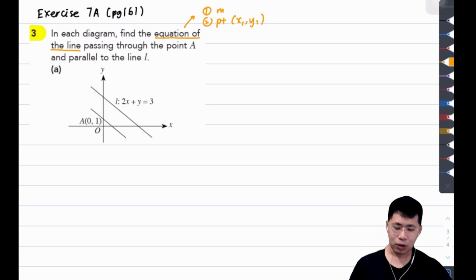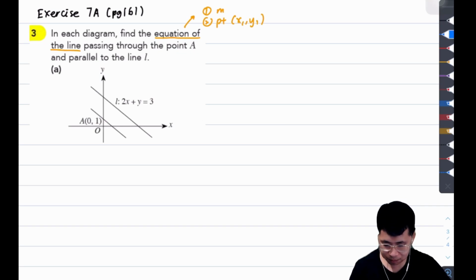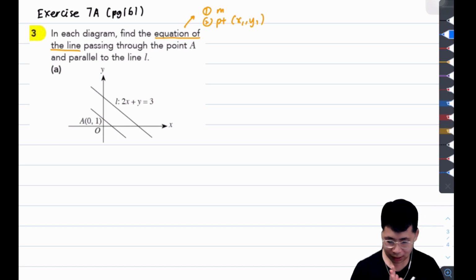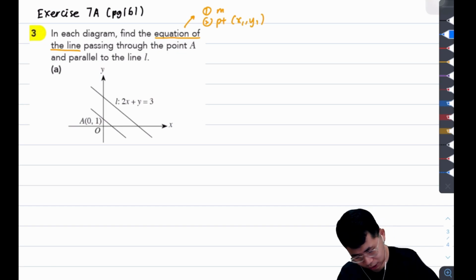So we are going to need these two things to form the equation. Because both our lines are parallel, the gradient we can get from the line L.